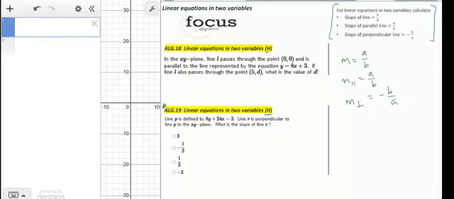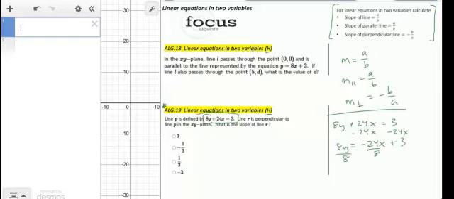If you are working through finding the slopes, probably the easiest thing to do by hand would be to just rewrite this in its slope-intercept form. And so if we take this equation, 8y plus 24x equals 3, and we solve for y, that means we subtract 24x from both sides, and then divide every term by 8.